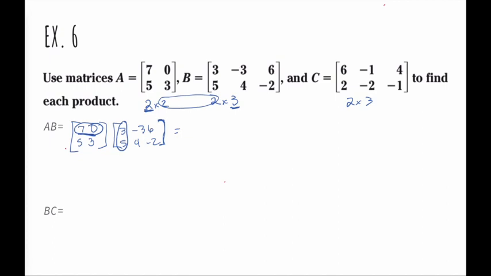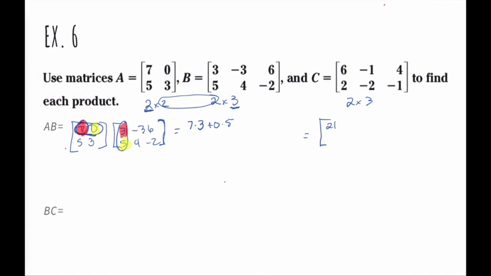So we're going to do 7 times 3 and 0 times 5, and we add them together. And that gives us the first element in our product matrix, which is going to be 21.